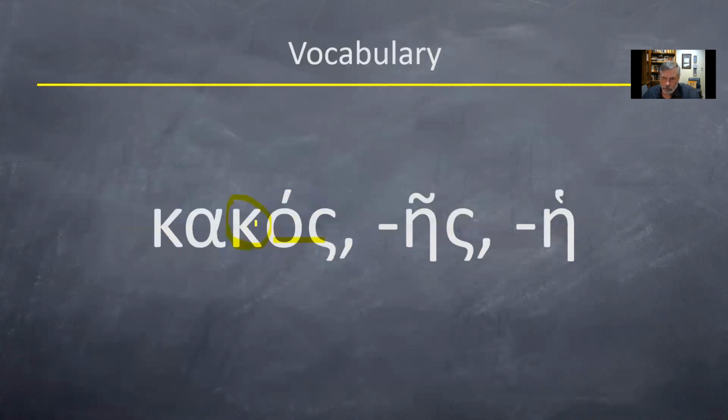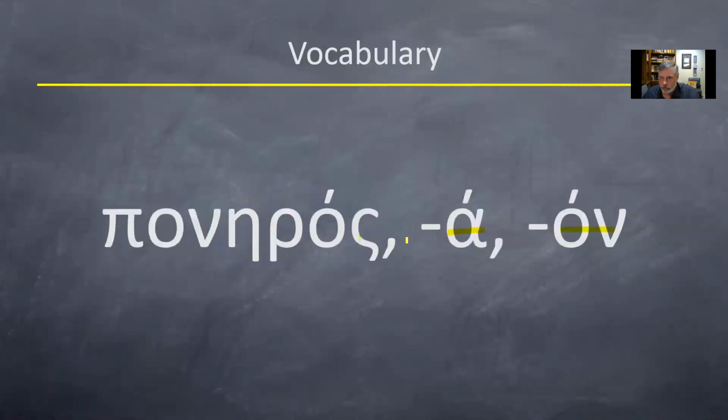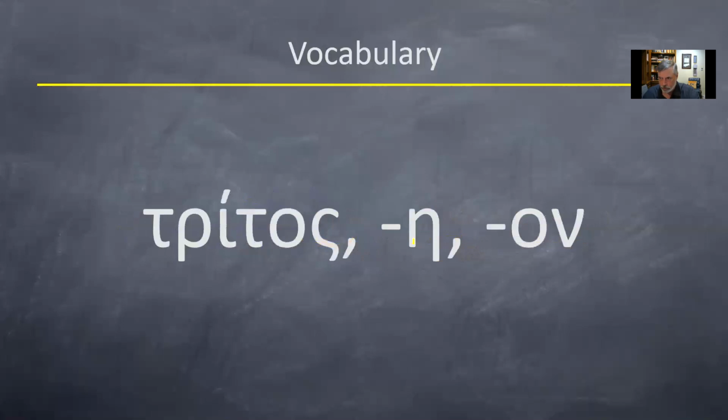It has a consonant stem ending, so it is a feminine word, because I have the feminine genitive form and the article form. The same kind of thing with this other word. Here's the consonant stem ending. Well, it doesn't matter because this is an adjective, not a noun. So here's my masculine, feminine, and neuter, tritos, trite, triton, and it means third.